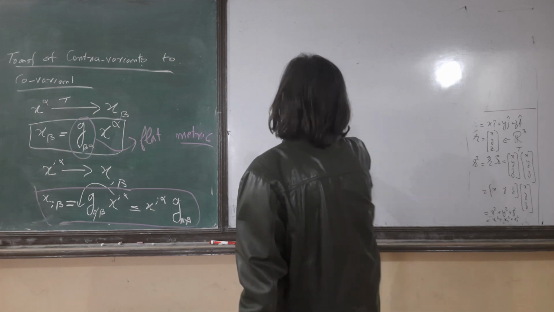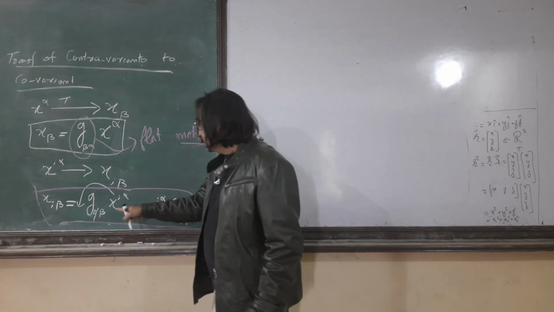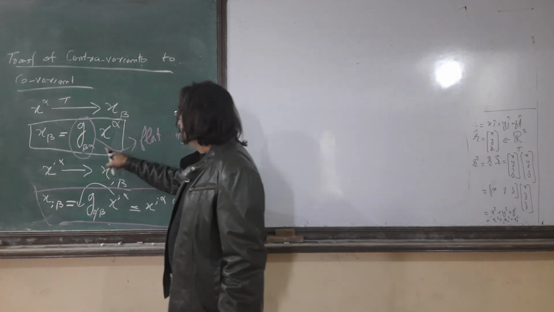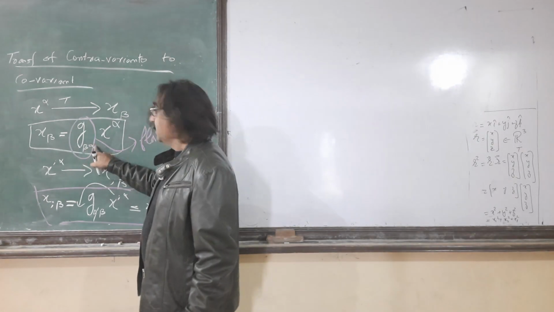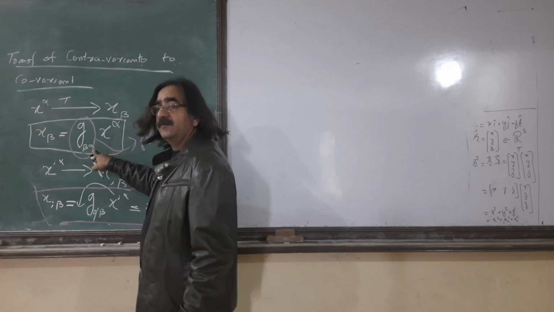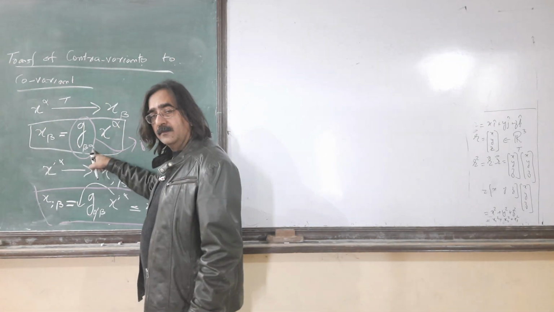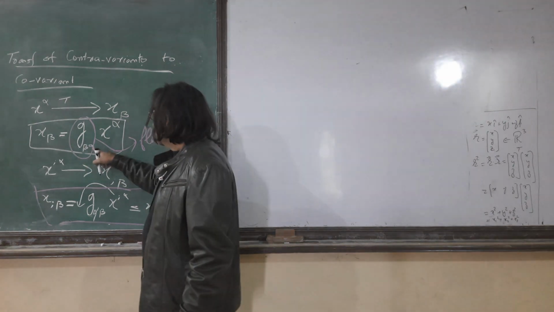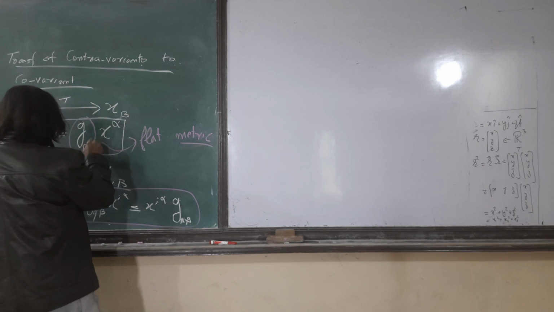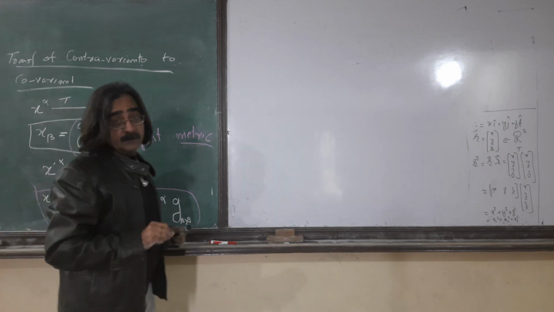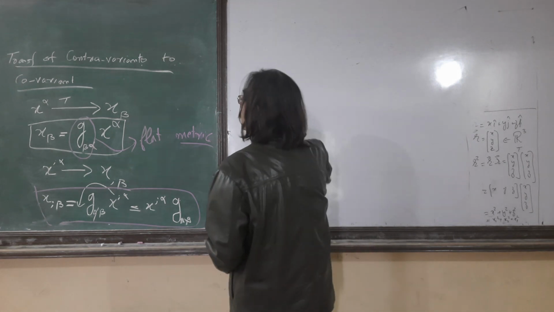Beta is row. Alpha is column, is contracting with the row. Oh, sorry. Row is contracting with the column index, alpha. Again, I repeat it.